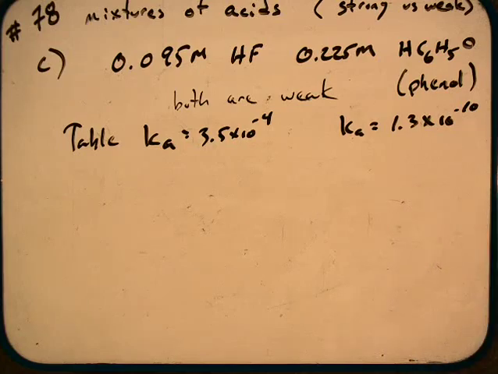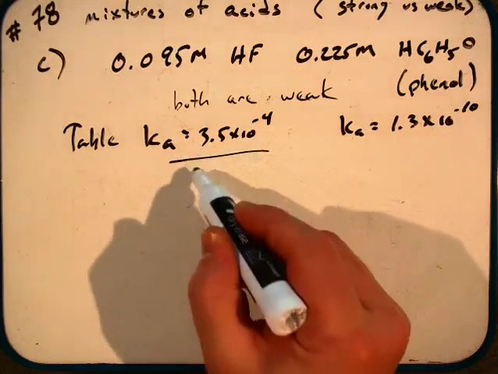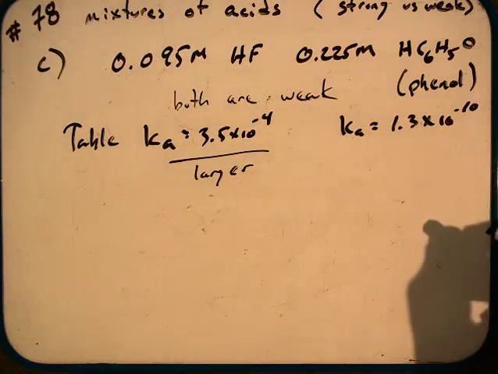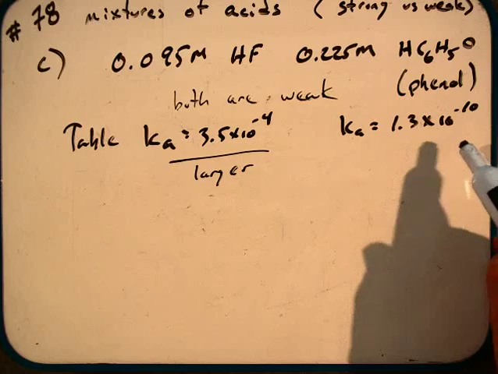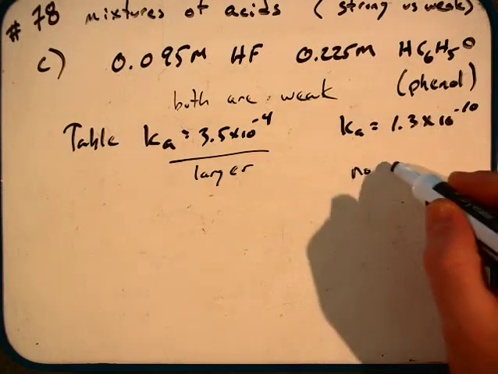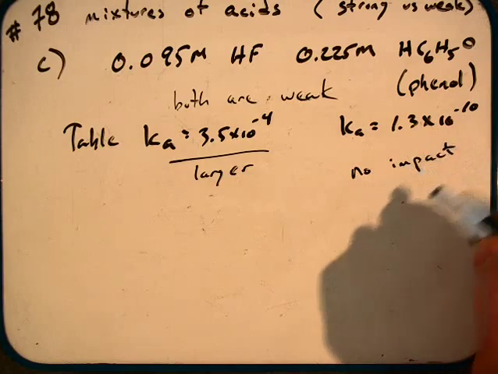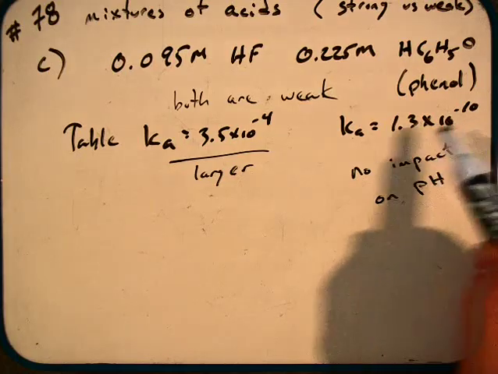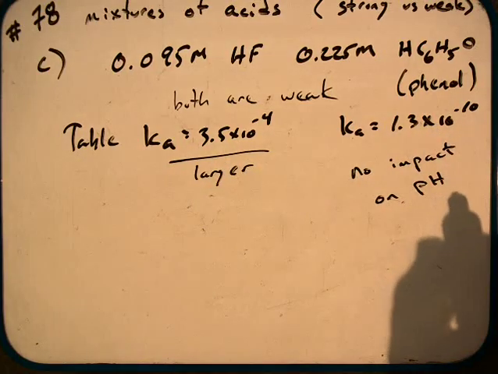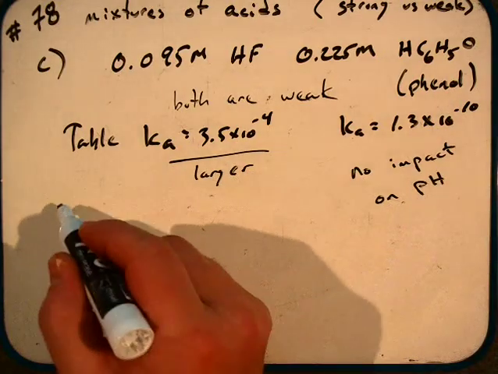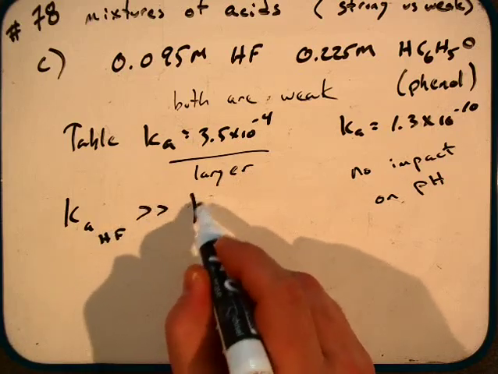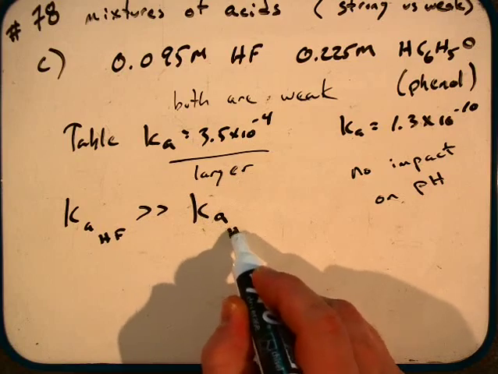Now it's really just a question of, is one stronger than the other? And we know that, right? Because the Ka for HF is much larger than the Ka for phenol, 10 to the negative fourth versus 10 to the negative 10th. That means phenol will have no impact on pH due to the extreme difference in those Kas. As a result, we really just need to worry about the Ka for HF, because it is so much greater than the Ka for phenol.